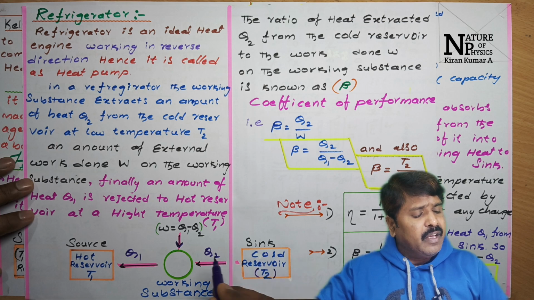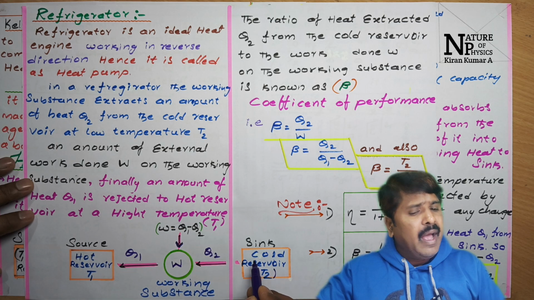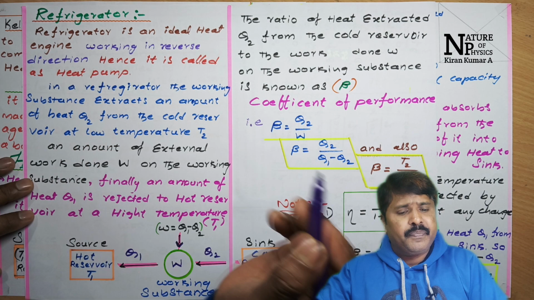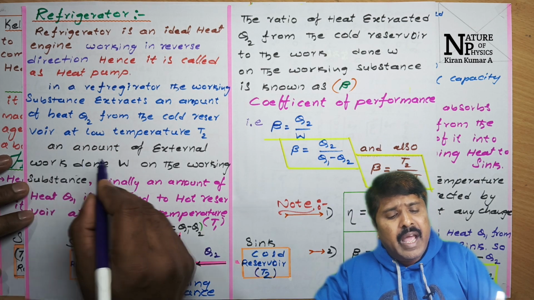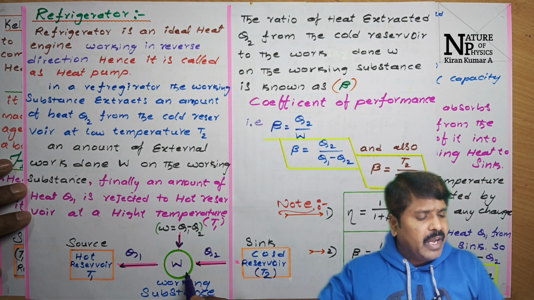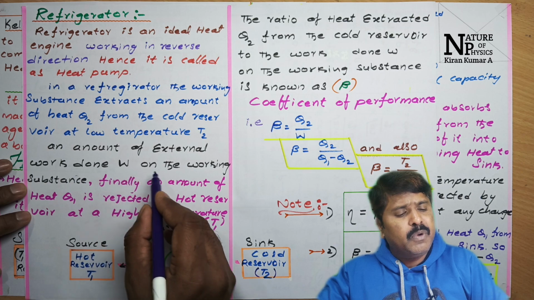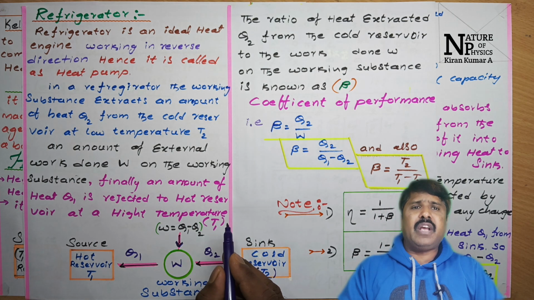Here this Q2 heat energy is absorbed by the working substance, clearly written here. And next, an amount of external work W is done on the working substance.